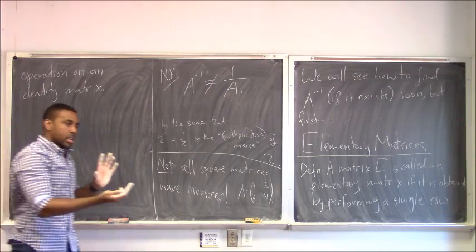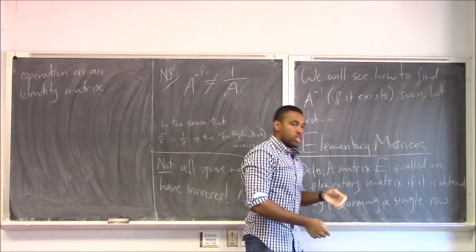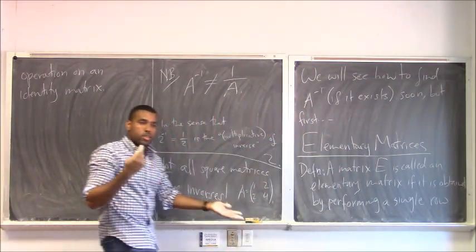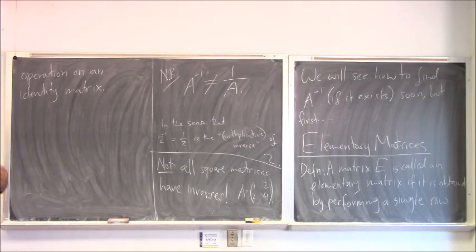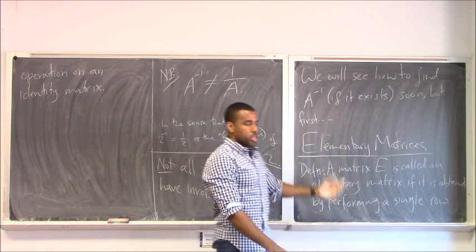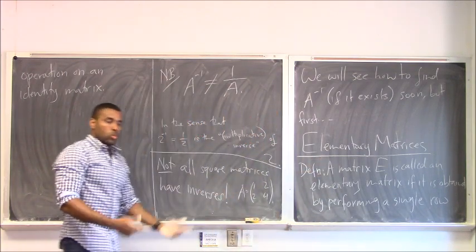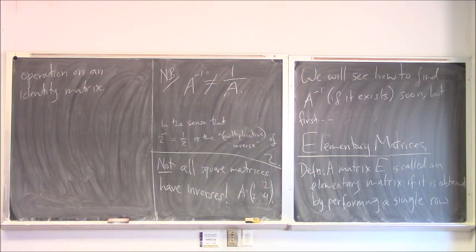Okay, so take an identity matrix, do a row operation on it, could be a type 1, a type 2, a type 3, any operation you want, and you get this new matrix. This new matrix is called an elementary matrix.